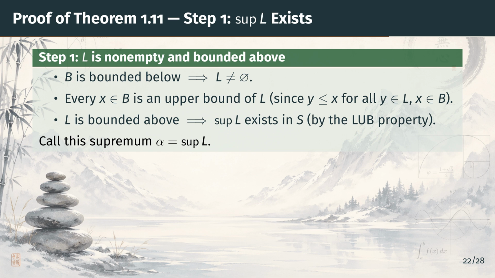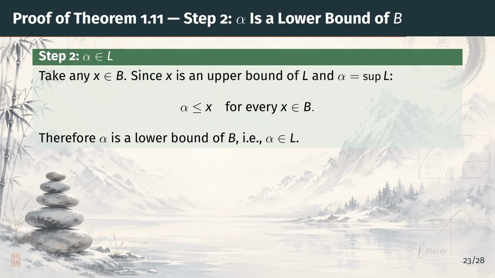Since L is non-empty and bounded above, and S has the least upper bound property, sup L must exist in S. Call it alpha.